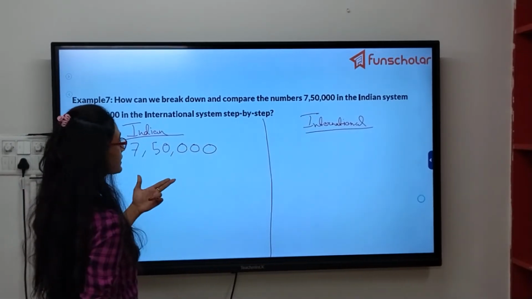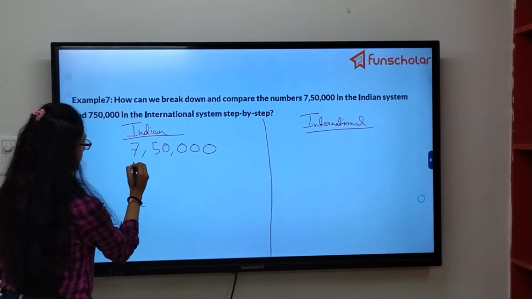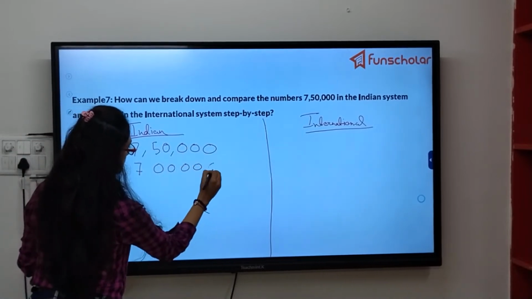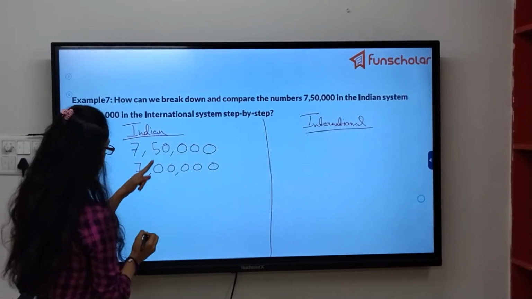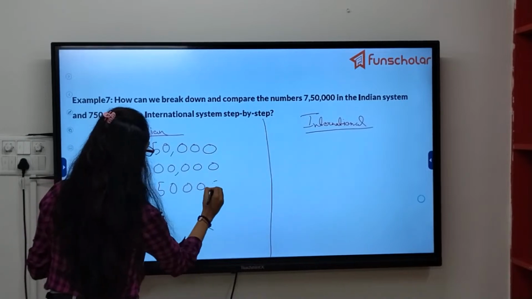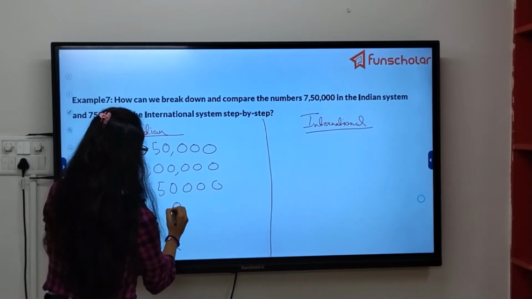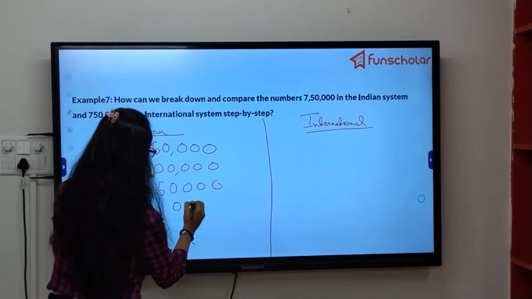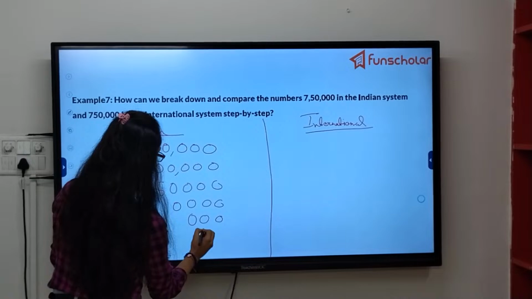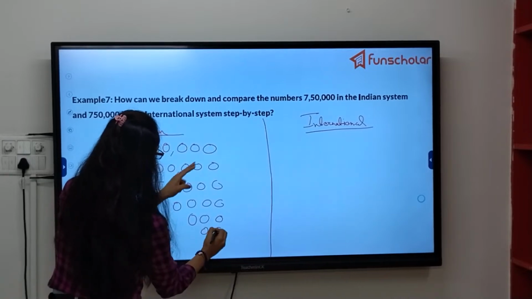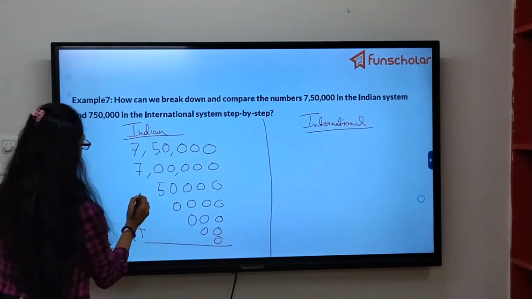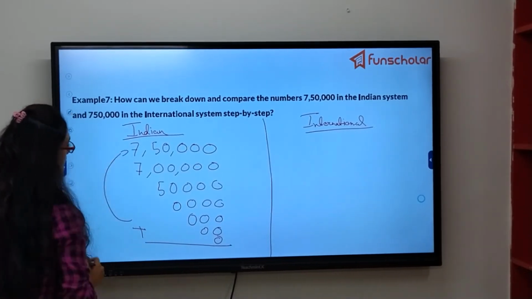So how will you break it? Firstly you can write 7 0 0 0 0 0, then 5 will come here, 50, 0, 0, then 0, then 0, and 0. If you add this, you will get this number only.